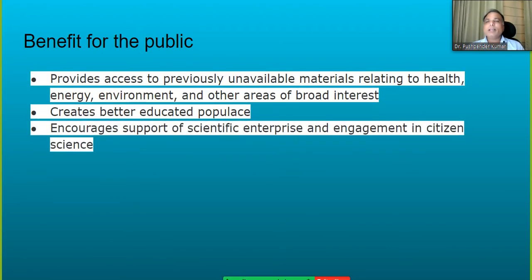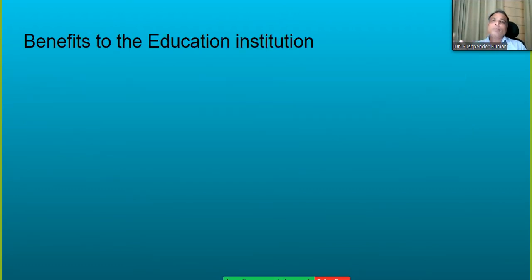Ultimately, it helps more and more people. They should learn, they should be educated, and it will encourage scientific research and scientific enterprise, and it will help research on education, health, energy, and environment. So this would be a benefit for the public.